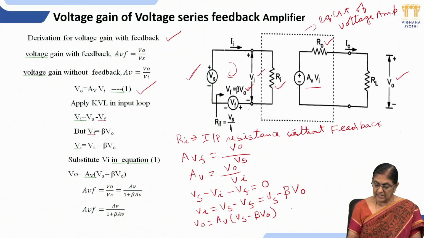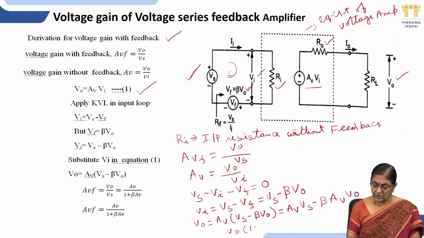So to rearrange the terms, then you will get AV into Vs minus beta AV into V0. By rearranging the terms, you will get V0 into 1 plus beta AV is equals to AV into Vs.